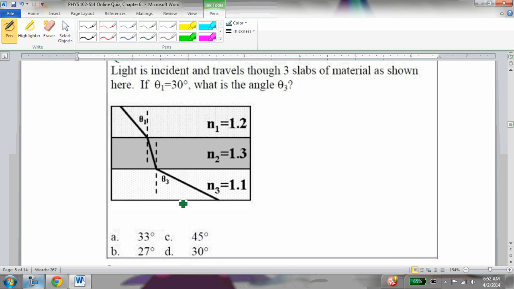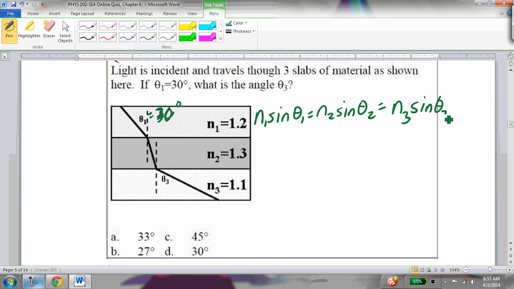All right, here I have theta 1 equals 30 degrees. I want to know theta 3. This is by the law of refraction. n1 sine theta 1 has to equal n2 sine theta 2. And n2 sine theta 2 has to equal n3 sine theta 3.